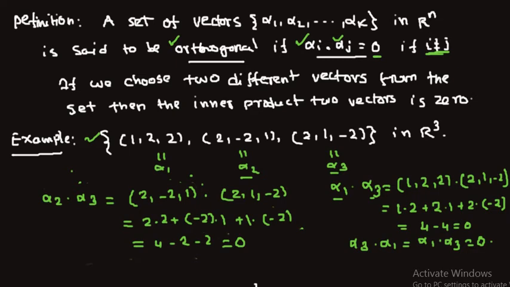Okay, let me talk about sets which are not orthogonal. Let me quickly give you an example where the set is not an orthogonal set. So here we go, an example of a set that is not orthogonal.